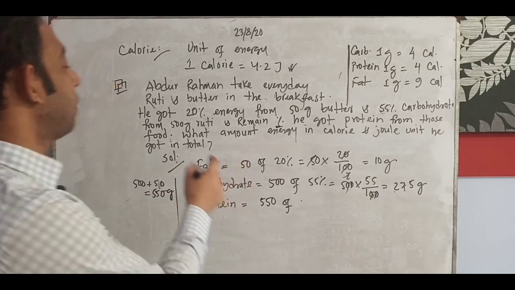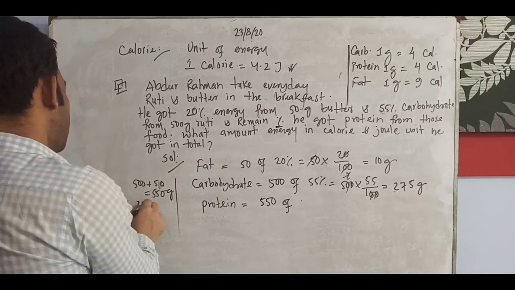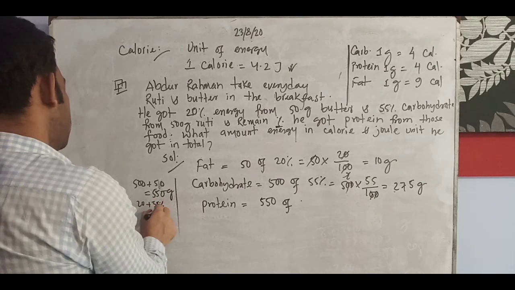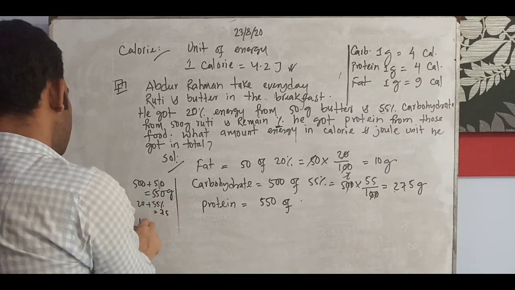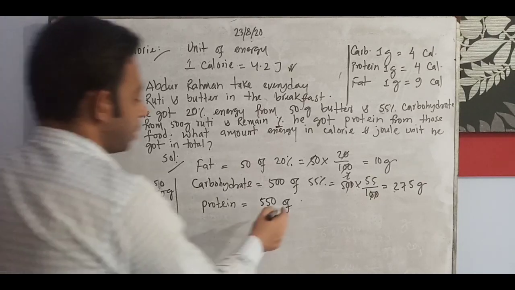Remaining percent: the 20% plus 55% equals 75%. So 100 minus 75% equals 25%. That means the remaining 25%.